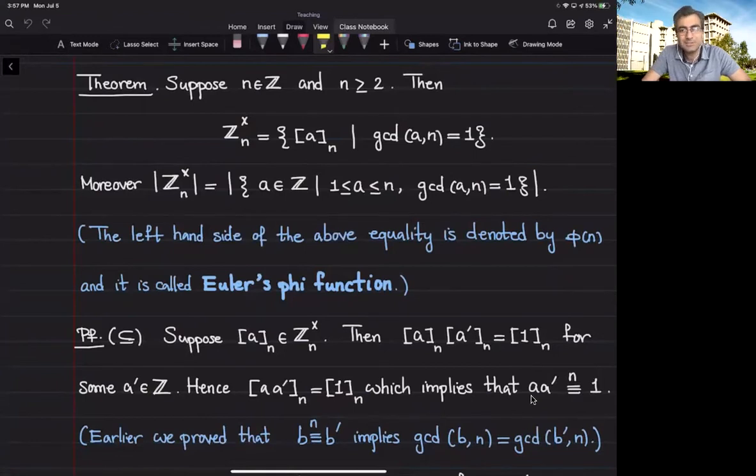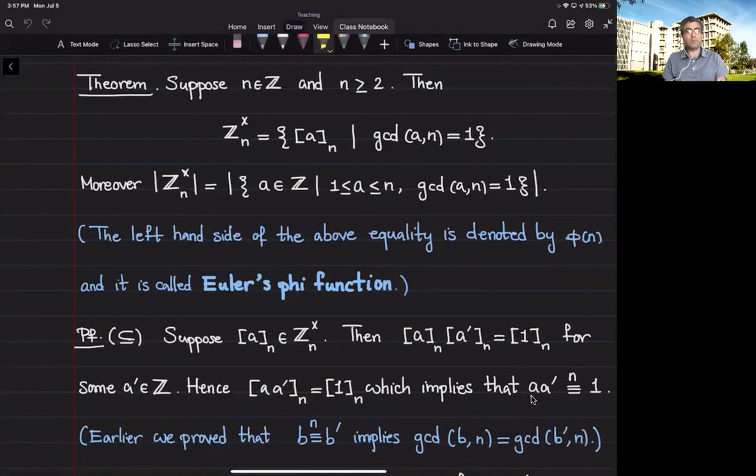It is interesting and important to include both 1 and n, even though when n is at least 2, we cannot have A equal to n and the GCD 1, but this definition is consistent with the case when n is 1 as well. So phi of 1 by definition is supposed to be 1, which is consistent with this definition. Okay, so that's the theorem that we want to discuss.